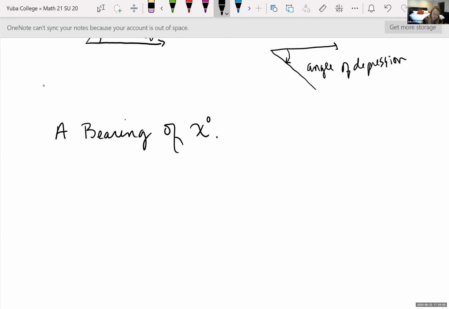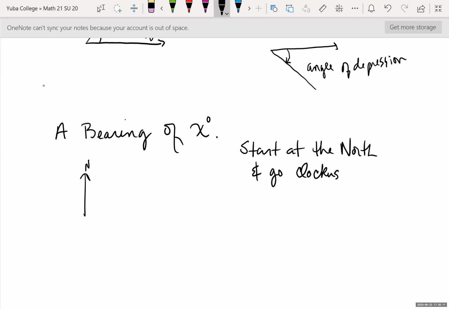A lot of times we'll put in our directions, so we start at north and go clockwise. So if it says a bearing of X degrees, you have to start at the north and go whatever X is.